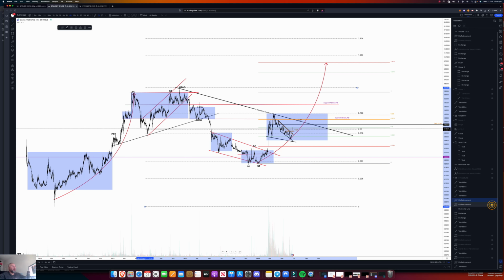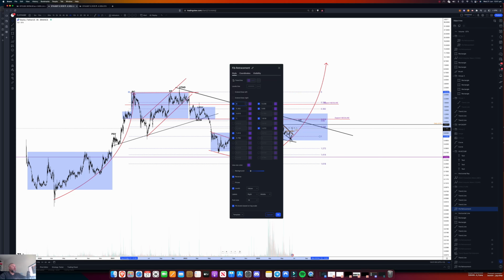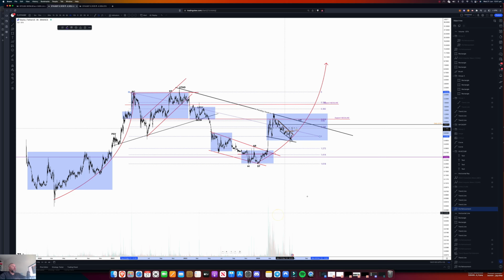Why are we there? Let's have a look. So if we were to get that, what we're trying to do is get a story right with Fibonacci. And so what we have here, I've made the 618 our important level, the neckline, and you can see once that's done, the 1.618 is the bottom.